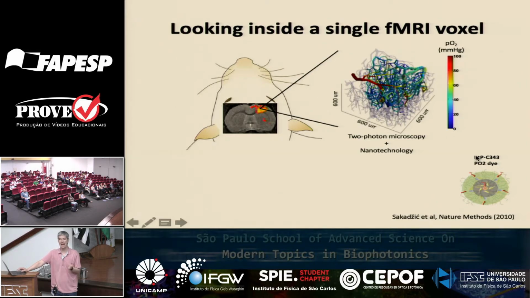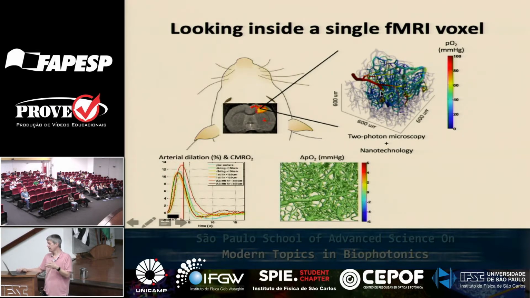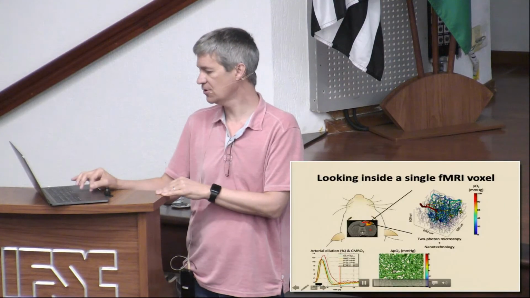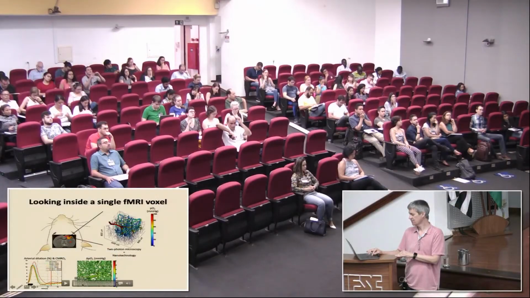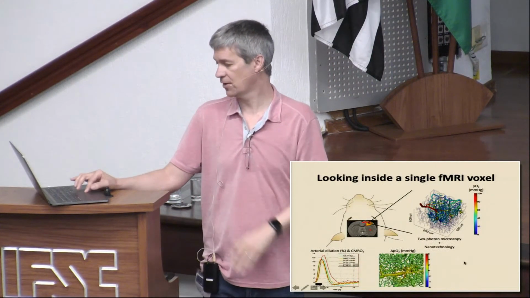This allows us to map oxygen throughout all of these blood vessels, right? And we're going to take measurements of the arterial dilation changes with two-photon microscopy, and then we can basically put all of this into a model of oxygen advection and diffusion throughout this fMRI voxel, and we can calculate this oxygen diffusion and delivery throughout the tissue, right?